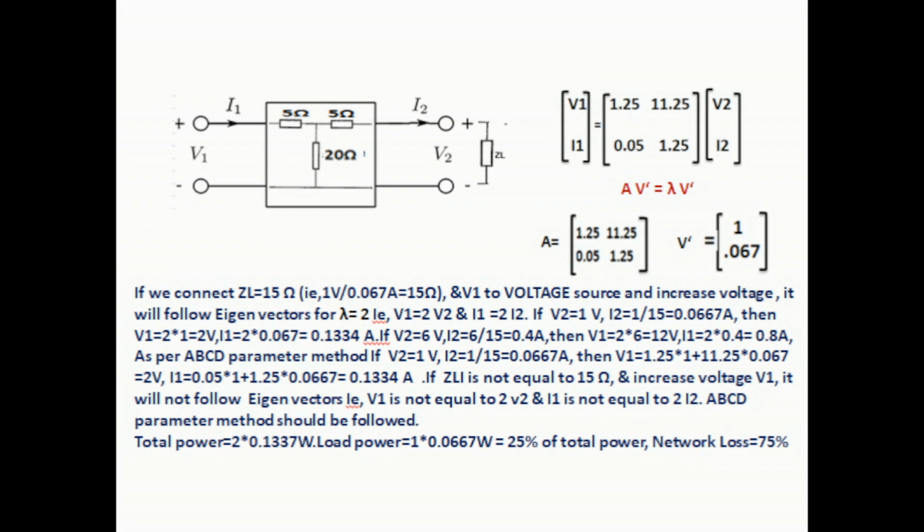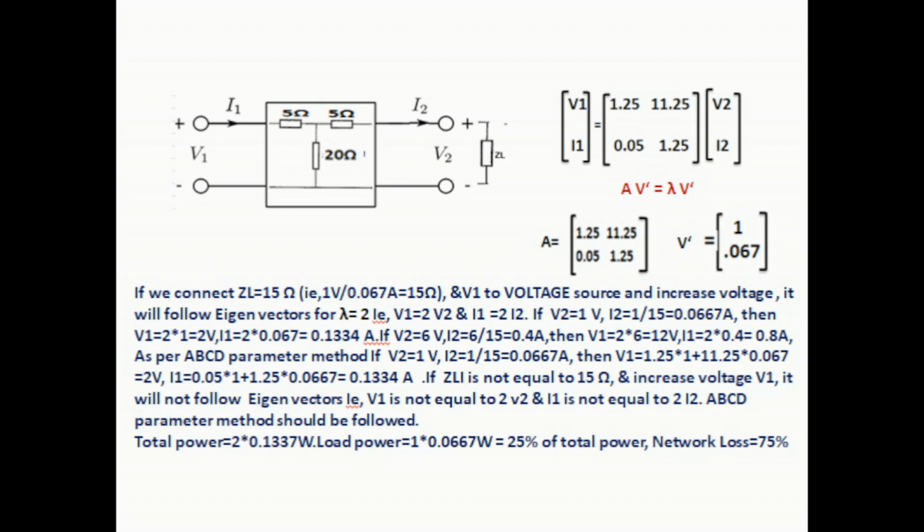In a two-port network, ABCD parameters are calculated based on T network impedances, that is Z1, Z2, Z3, or the linear regression method as we explained in earlier slides, by varying the V1 voltage and load resistance ZL. Here matrix A is 1.25, 11.25, 0.05, 1.25.